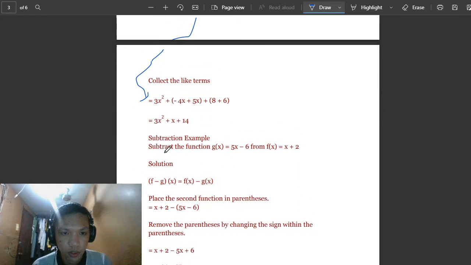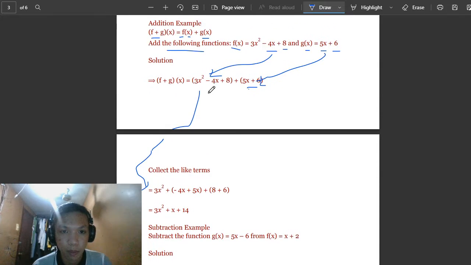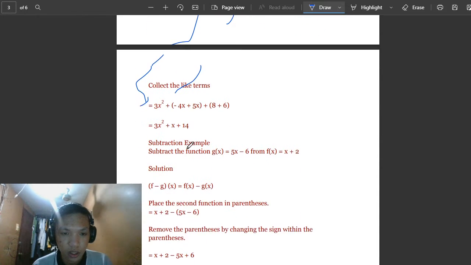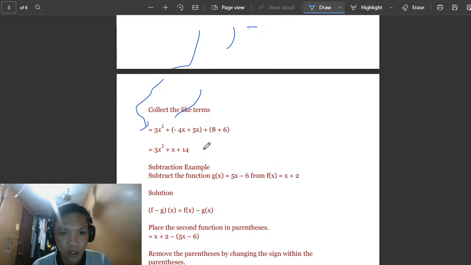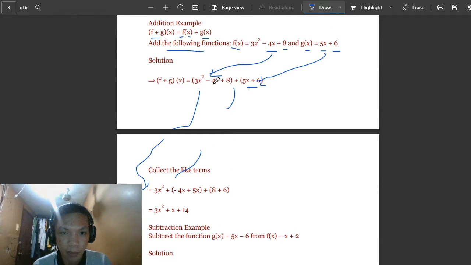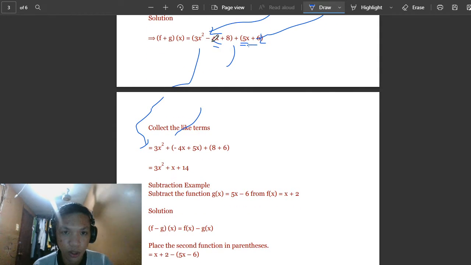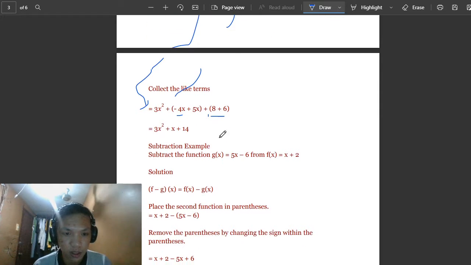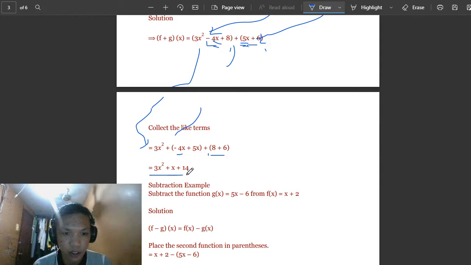So, 3x squared, bring down the operator, the plus sign here kay addition. Kay pareha man sila sa b, 4x o 5x, minus man siya, so mahimo siya negative. So, negative 4x plus 5x. Tapos, constant nila doha, plus, see, 8 plus 6. So, 8 plus 6. Then, this is the answer.